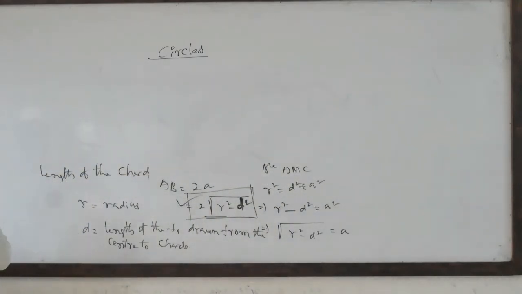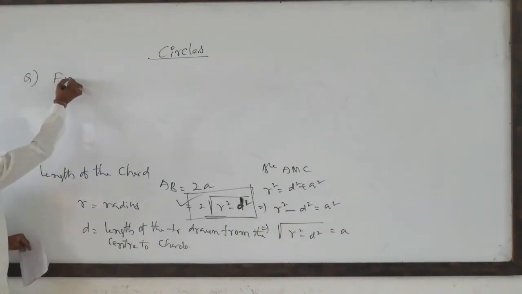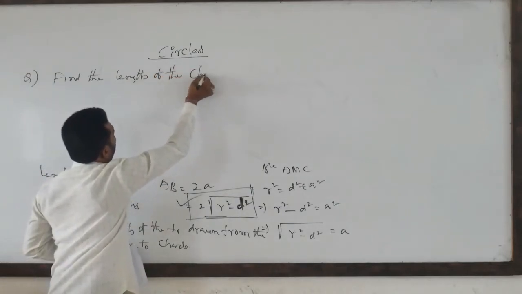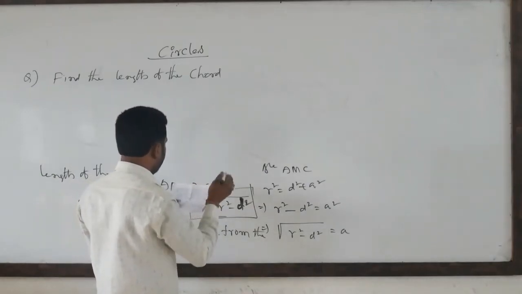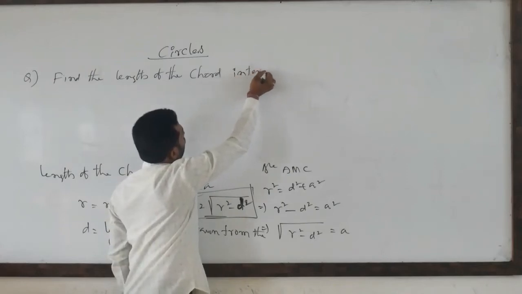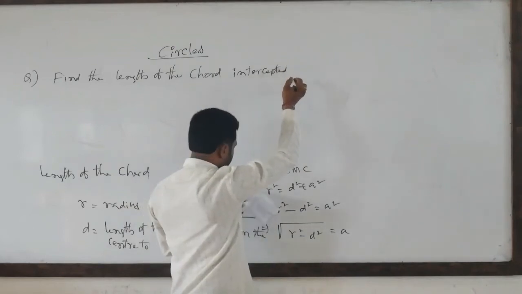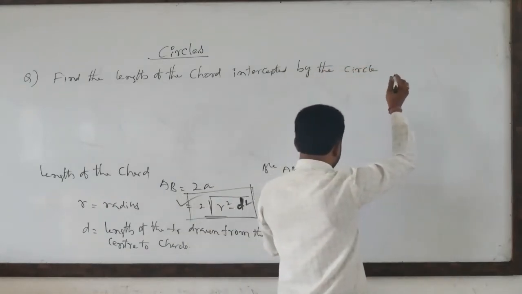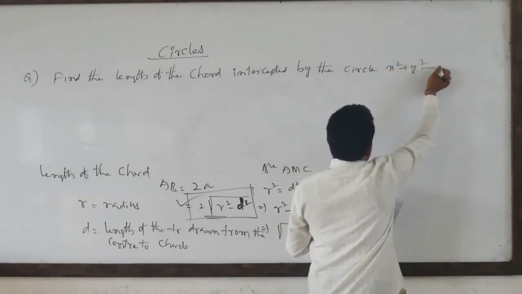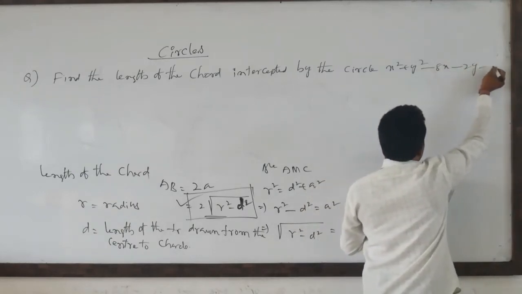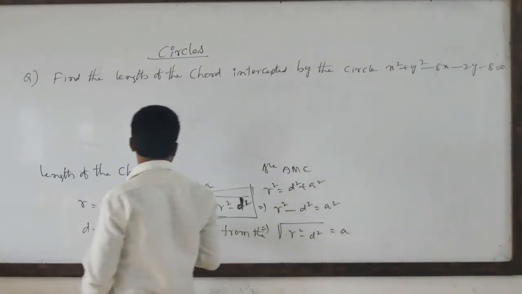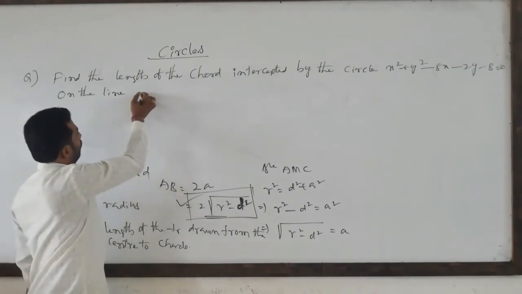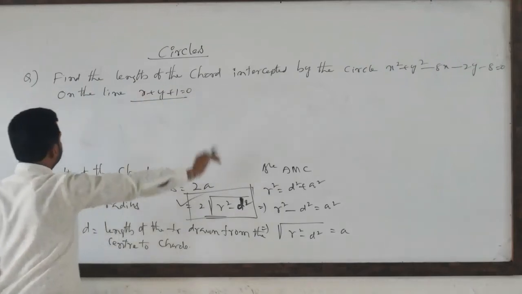Find the length of the chord intersected by the circle x square plus y square minus 8x minus 2y minus 8 equal to 0 on the line x plus y plus 1 equal to 0. This is the question they given.